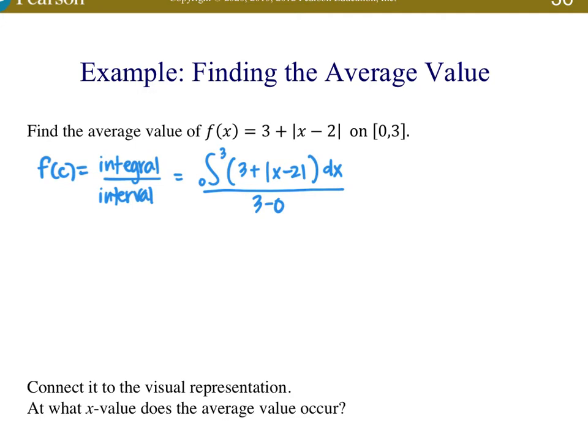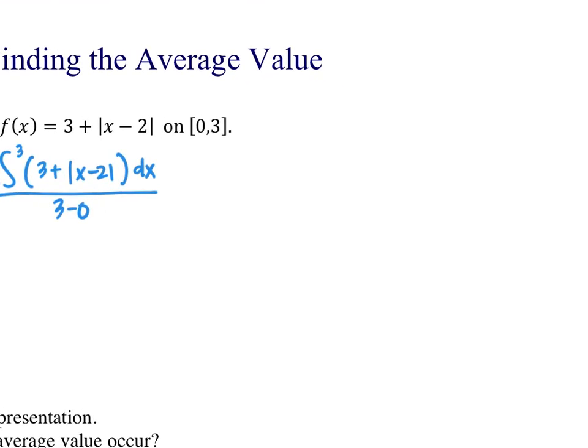So we're going to do plain old geometry on this one. All right, the absolute value moves 2 to the right and 3 up. And then the absolute value simply comes down like this. And we're going from 0 to 3.